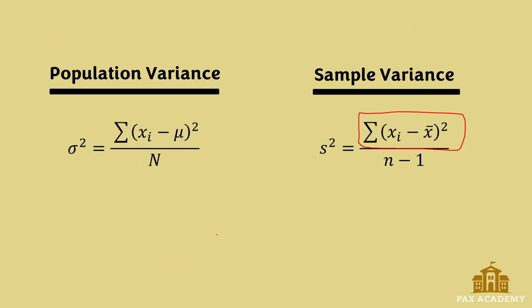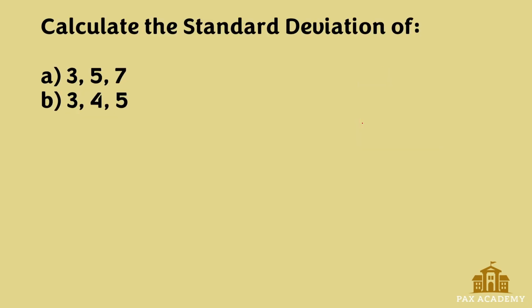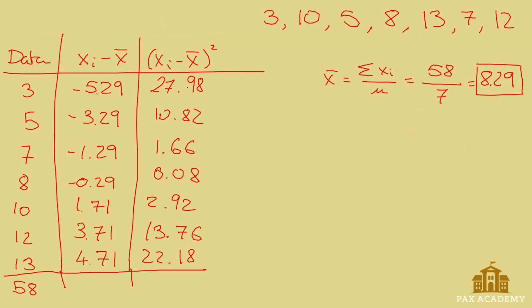And then remember, we need to do the sum of this part here. So basically we sum all these numbers. Let's see what that gives us. That should give us 79.4.